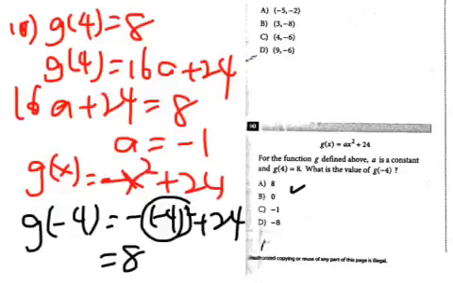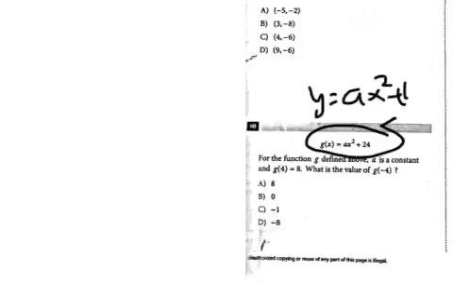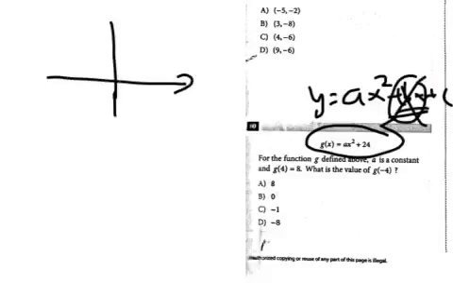Now we're going to use the second method, the graph. You notice that the graph of ax squared plus 24 doesn't have the normal form y equals ax squared plus bx plus c, because bx is not there. So the graph looks like this. C is the y-intercept, in this case 24, and it's right in the middle.